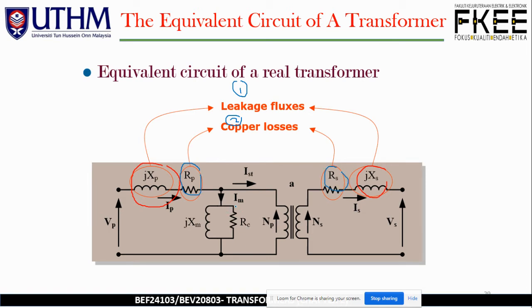Since we have both sides, primary and secondary, we have RP as well as RS for the copper losses. And then the final losses are the core loss current IH plus E. This is the excitation branch over here, where we have jXM plus RC, due to the core loss current.